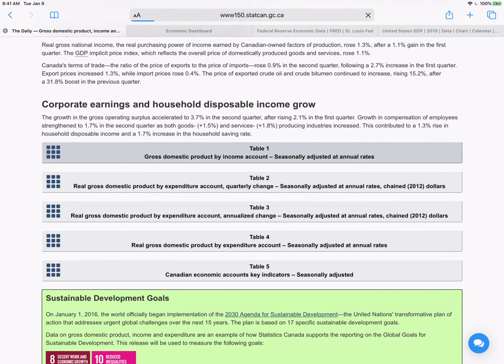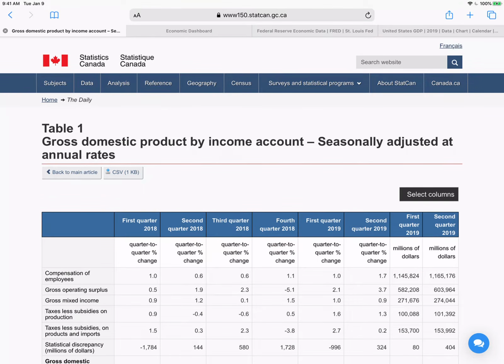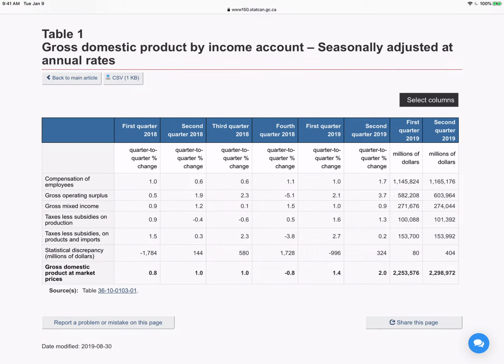All right, so let's go to table 1. And what we are looking for is that second quarter of 2019 and the second quarter of 2018. So we can find our real GDP per capita.